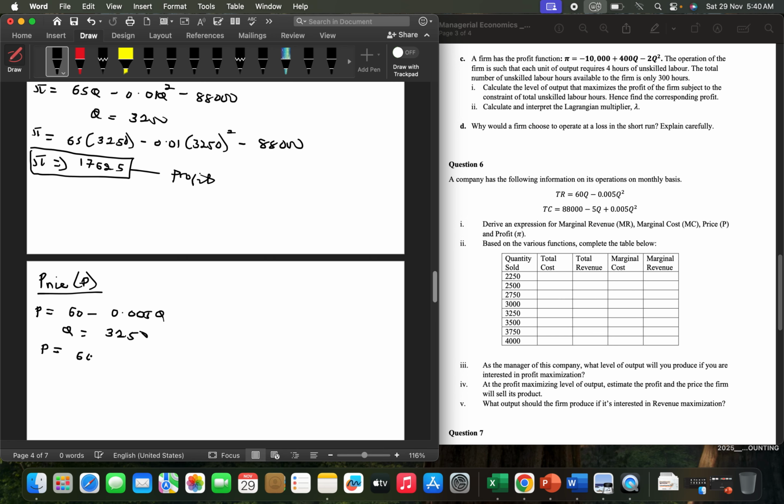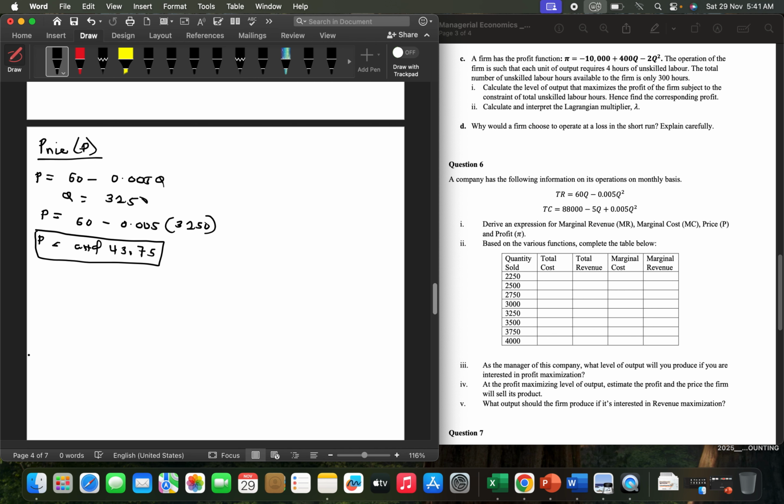So price is 60 minus 0.005 times 3250. That will give you 43.75. So this is the price we were asked to find. That's all for the IV.